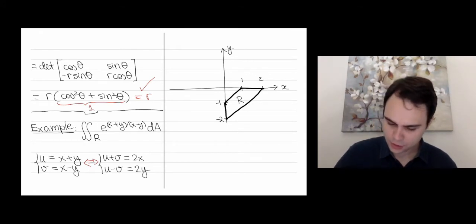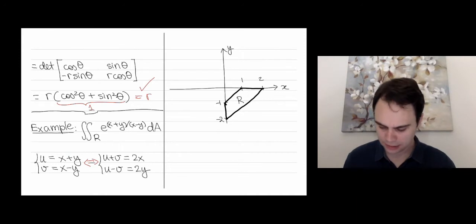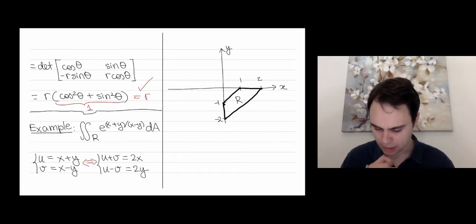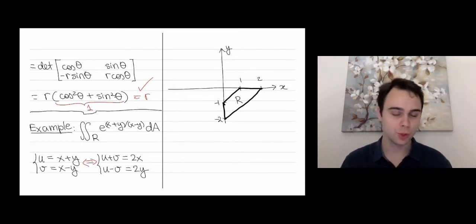Let's evaluate this integral by changing coordinates, one step at a time. One thing we certainly need to do is compute the Jacobian determinant.